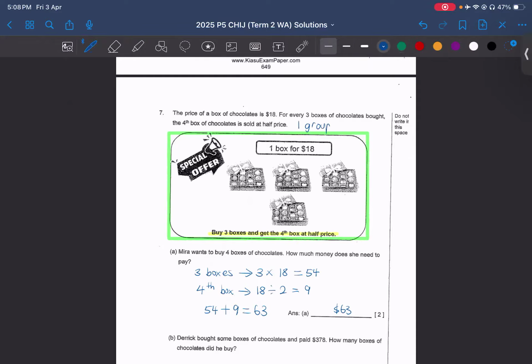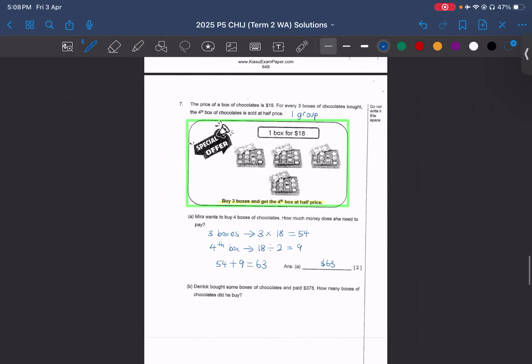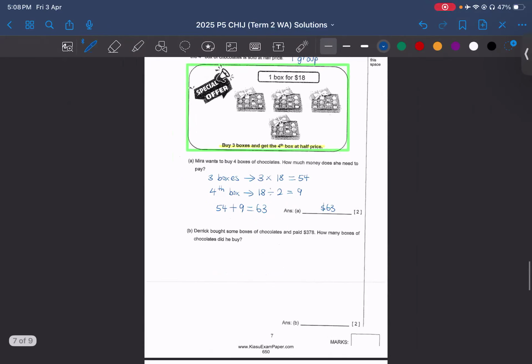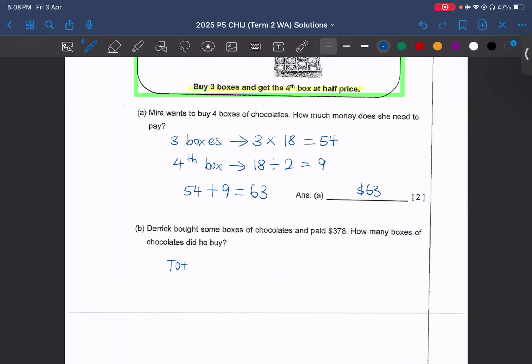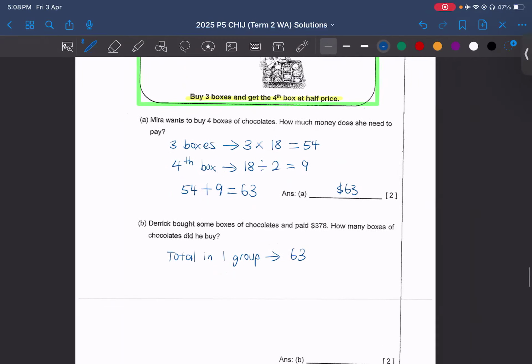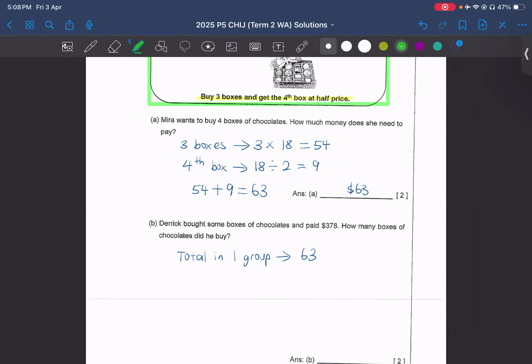In part A we calculated how much we pay for one group, which is a total of $63. So we know the total in one group from part A is $63. And Derek bought some boxes of chocolates and paid $378. So this 378 is a total.